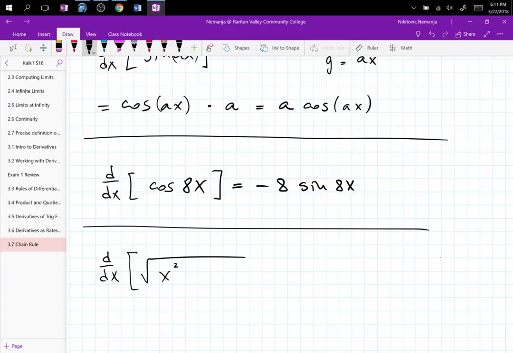Square root of x cubed minus 2x squared plus 9. Do it.